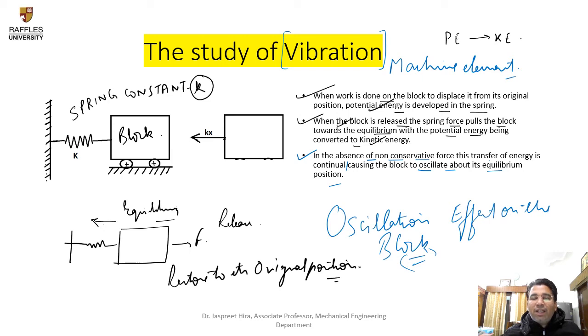When these machine elements absorb certain vibrations or produce certain noises, these produce mechanical stresses on the material. To counter these mechanical stresses, the efficiency of these machine elements decreases.